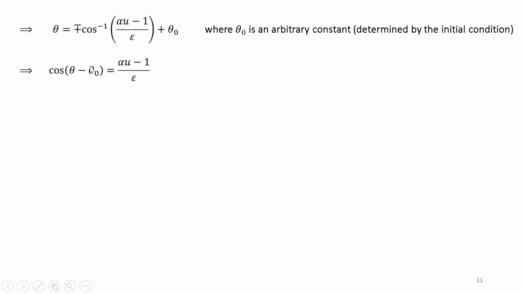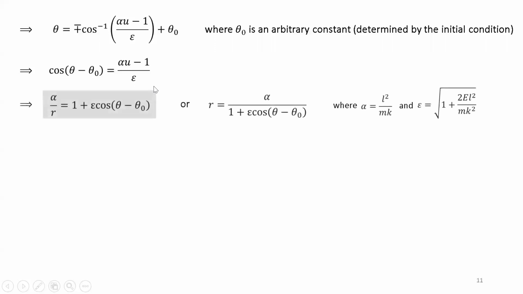At the end, this is the shape of the orbit that we'll get. Just one more step: I put this u back to 1 over r. So this is an orbit, r as a function of theta.